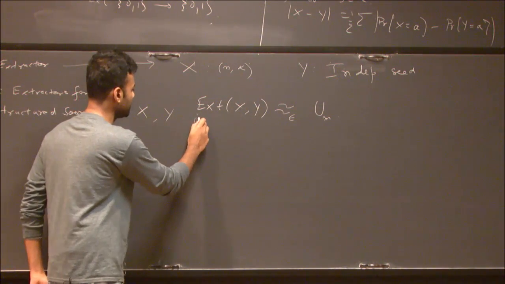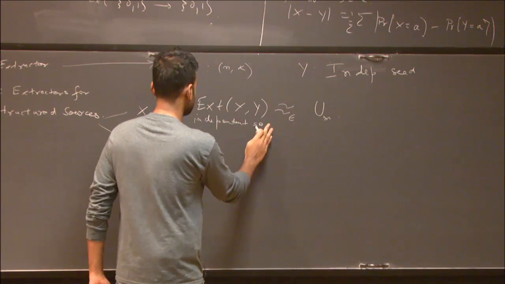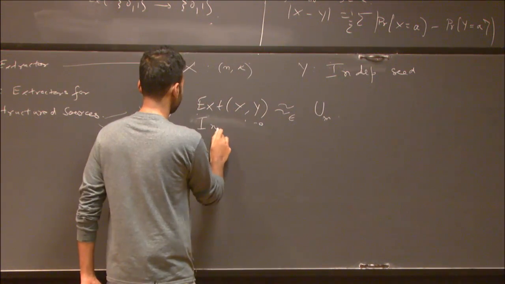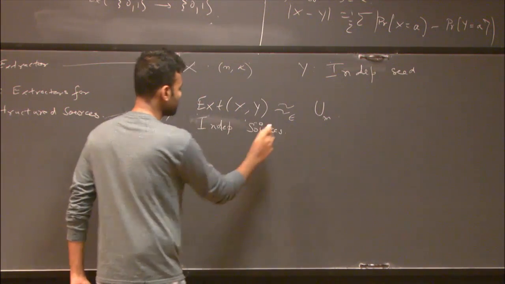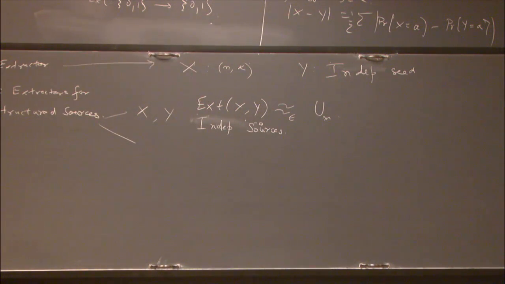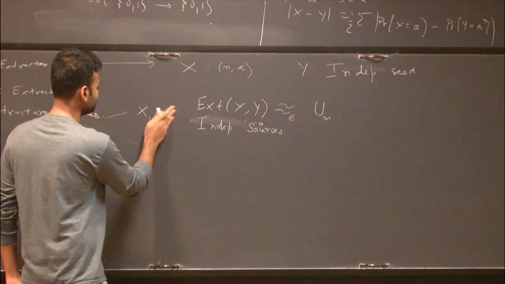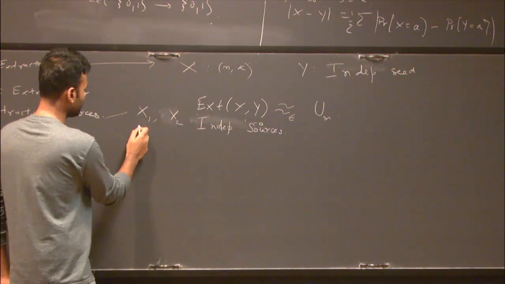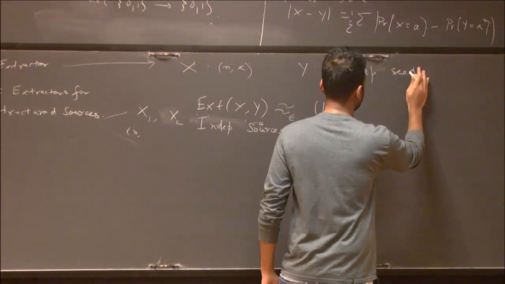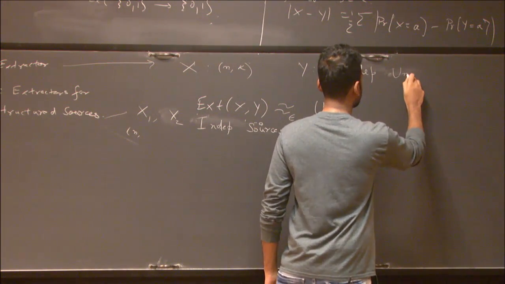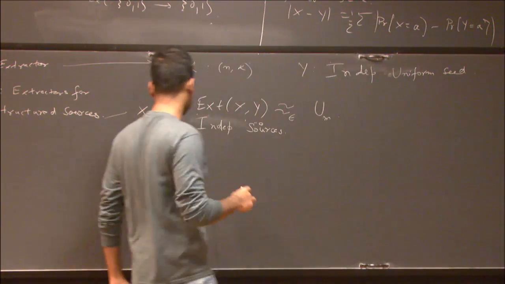So X1 and X2 are independent, and here we assume that Y is an independent uniform seed.